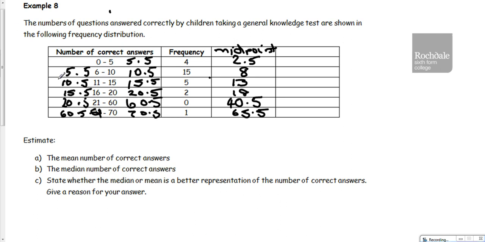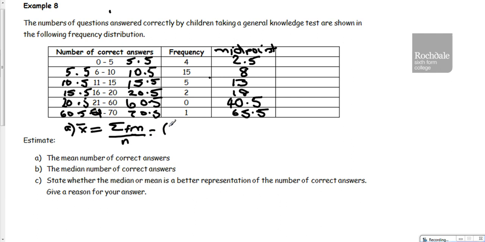Now, if you remember, the formula for the mean is the sum of x divided by n. Here, what we're actually saying is that we're going to assume all the values in the first one are 2.5, and we've got those 4 times. Then we're going to assume the next one is 8, and we've got that 15 times. So we're actually going to do the frequency multiplied by the midpoint, and you probably remember doing that at GCSE.